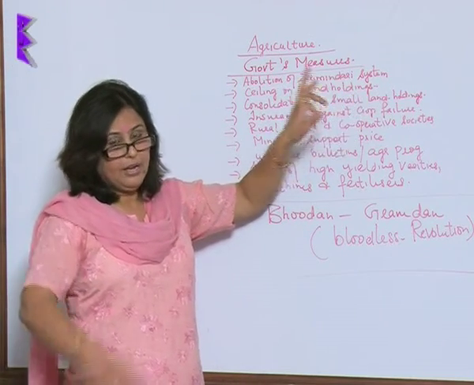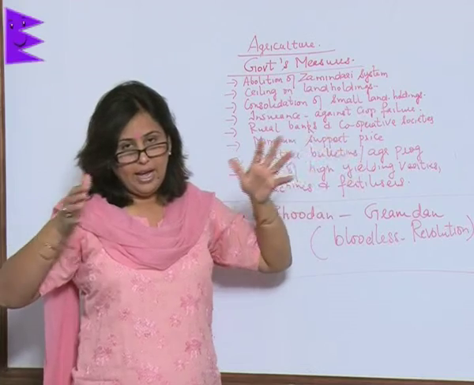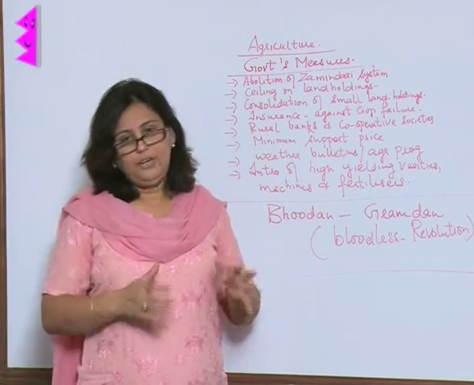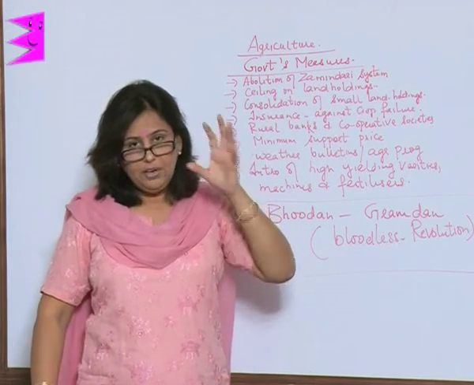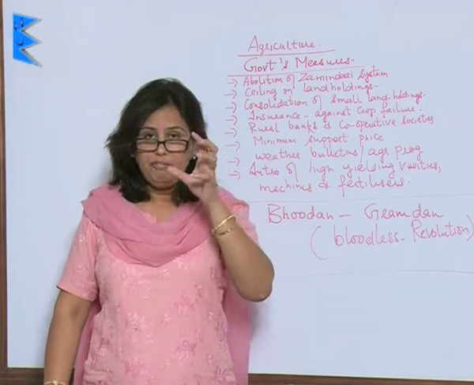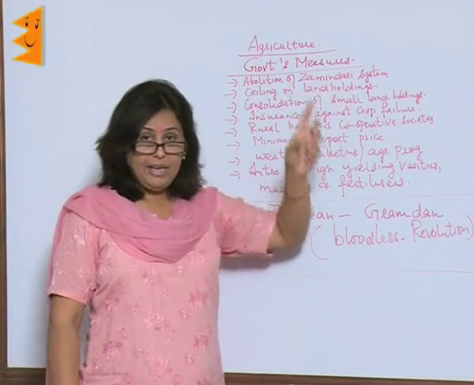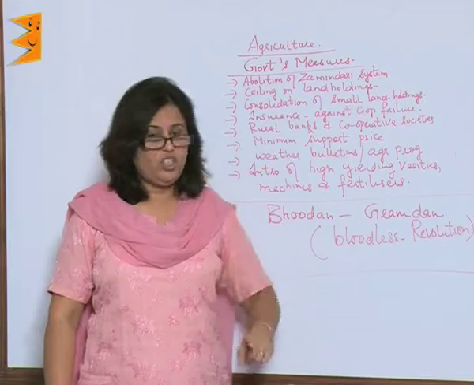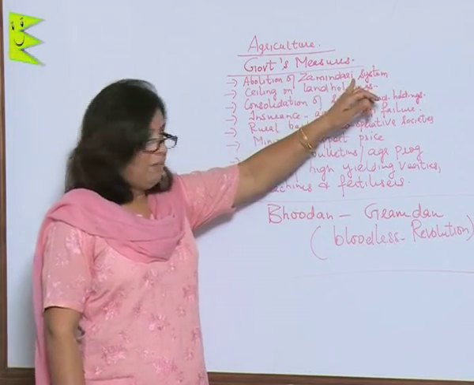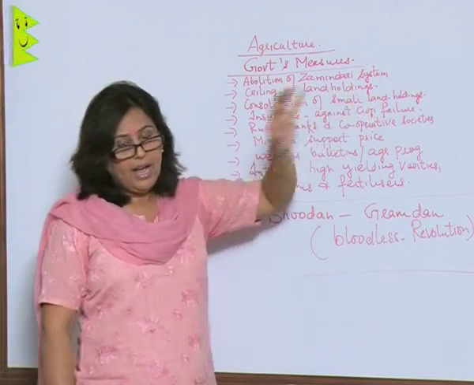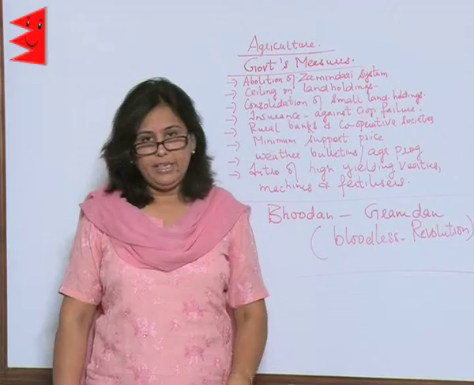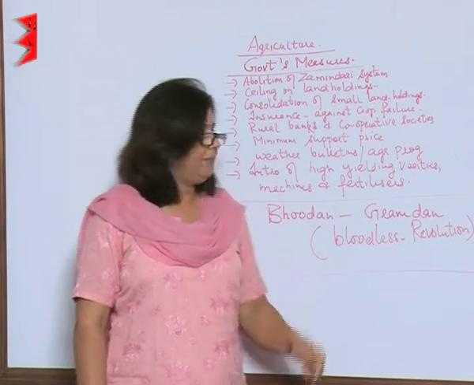That means more people now have land to themselves. It is not the sole property of a few individuals. So, this is in fact doing what? Making the power of the rich less, by abolishing the zamindari system and putting a ceiling on land holdings, which the government has done.